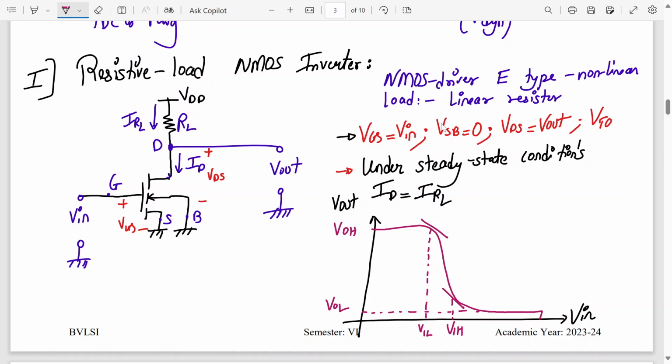How do I mark VTH? Come on, tell me, how do I mark VTH? I'll draw a straight line, V in equal to V out line, right? And where it will intersect this graph, this is called VTH. So this is my VTC curve for the resistive load inverter.